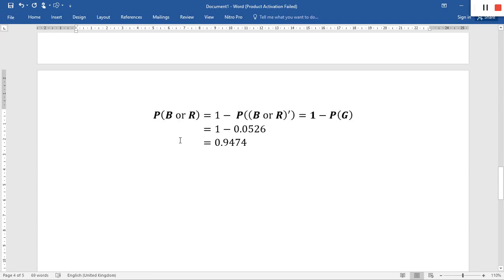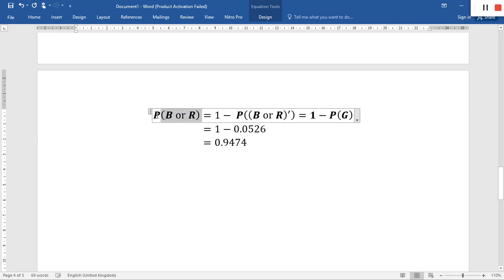If you know the probability of getting a black and the probability of getting a red, then you can find the probability of getting a black or a red simply by adding the two probabilities together.